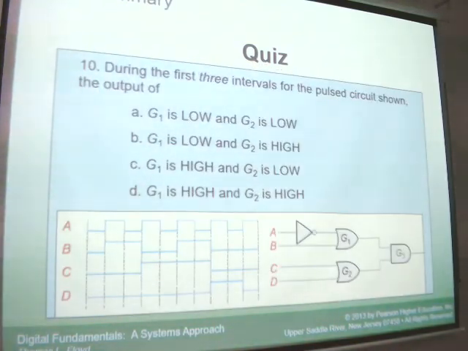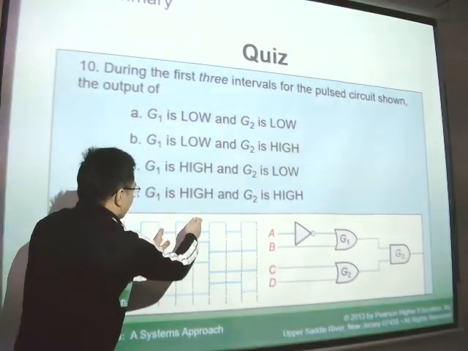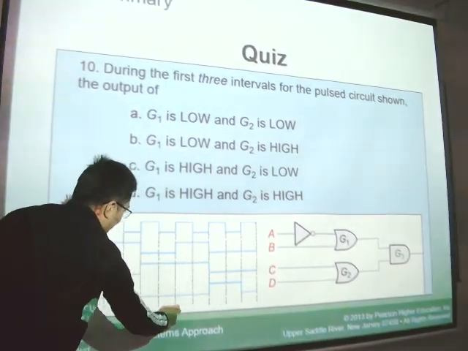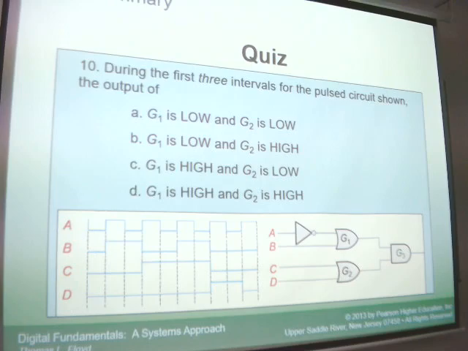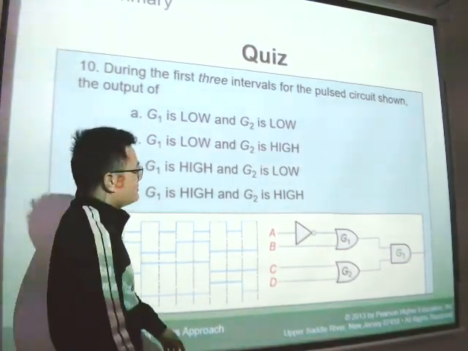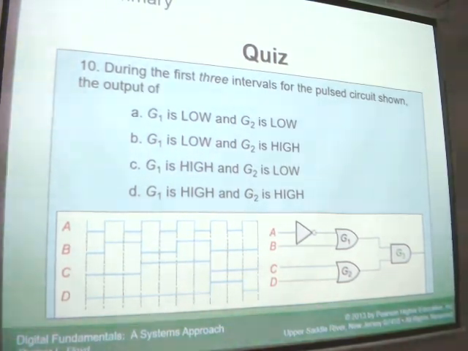Question 10. During the first 3 intervals for the circuit shown, the output of the first interval, the second interval, the third interval. So we must first write down the Boolean expression of this diagram.